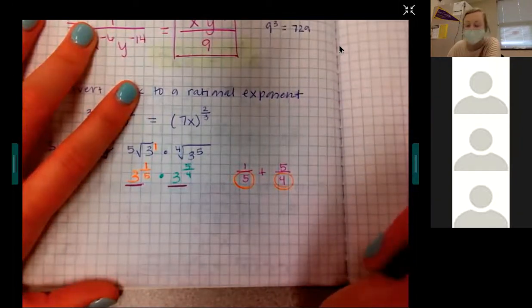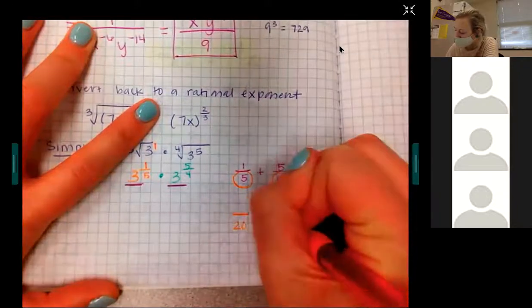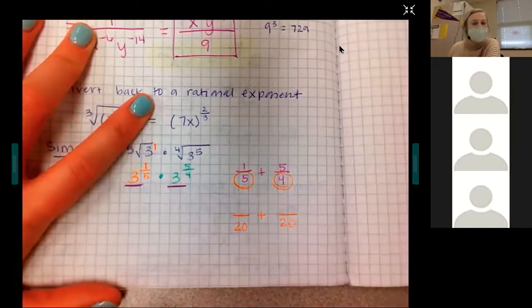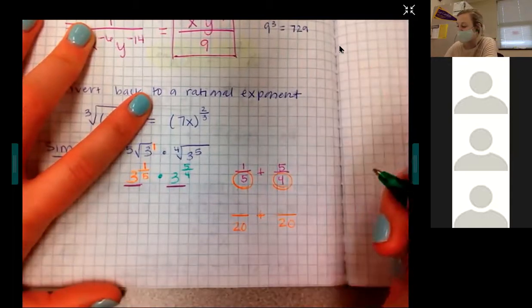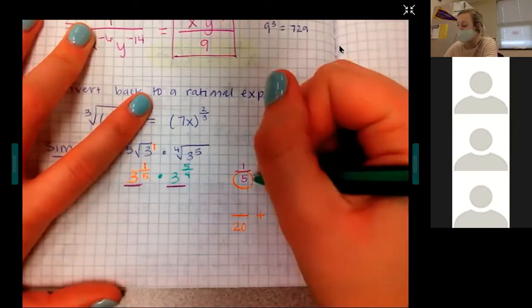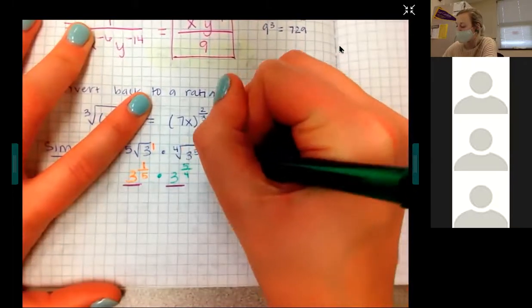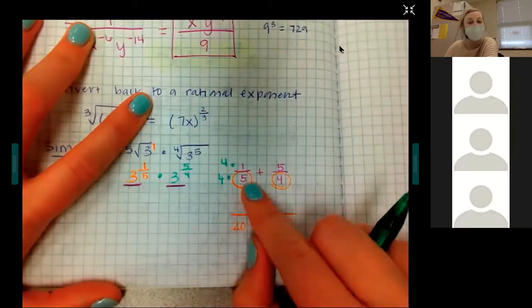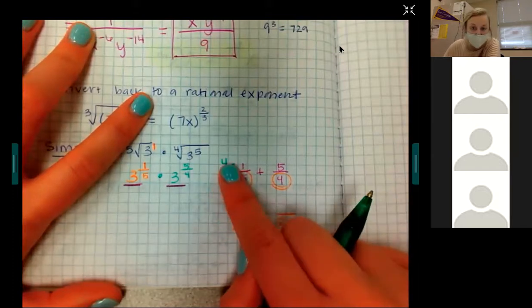So if I want to make them both have a denominator of 20, what do I need to do? Oh, good. If you want it to be over 20, the 5 has to multiply by 4, which means the 1 has to multiply by 4.